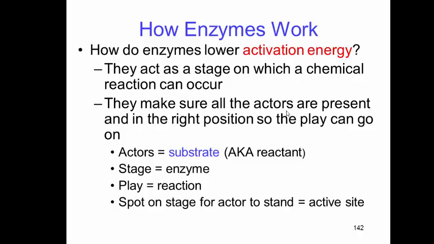So the enzyme is just giving a place for the reaction to occur. Basically, the enzyme makes sure that all the actors are present and standing in just the right spot so that the play can go on. In this analogy, the actors are the substrates, or the reactants, if you will. So that's what you start off with, the before things. Again, the stage is the enzyme and the play is the reaction.